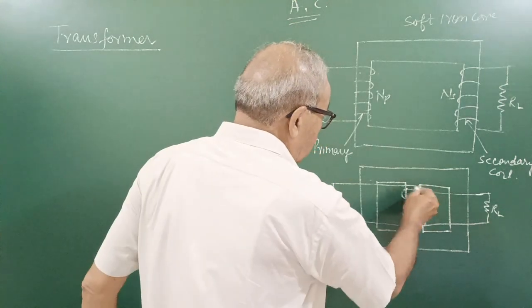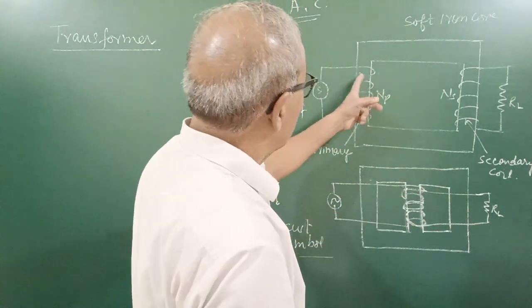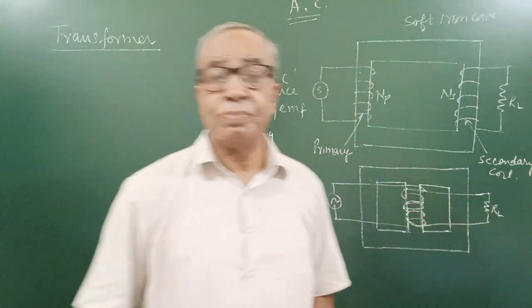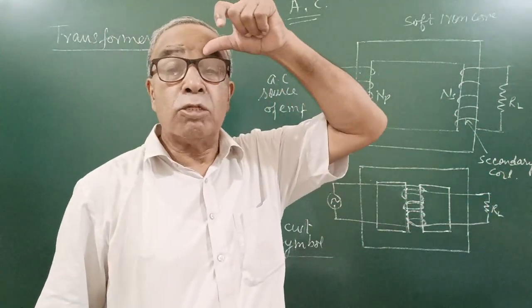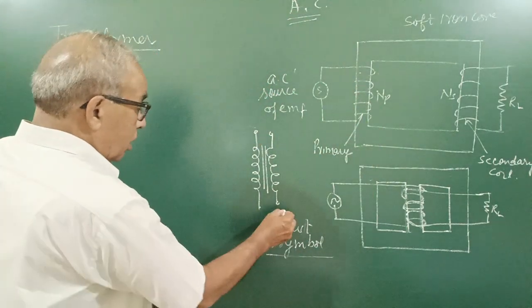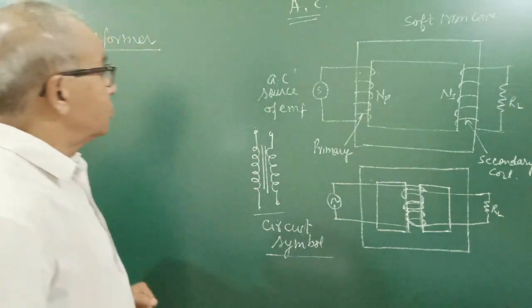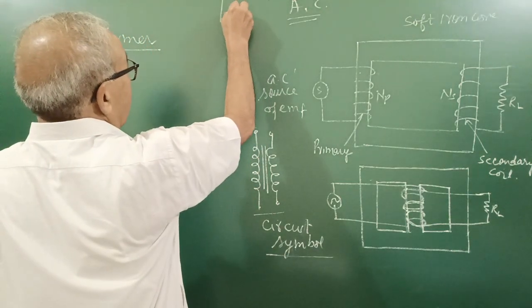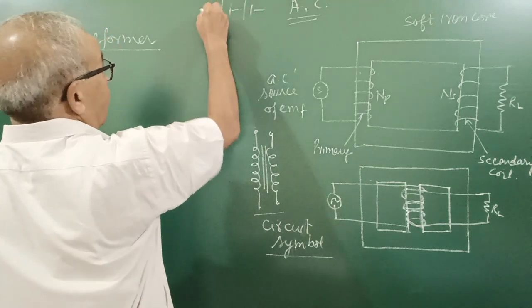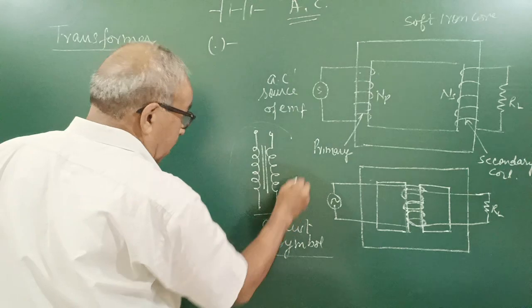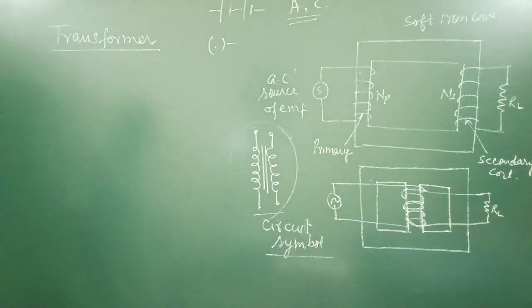Here you can understand the primary coil and the secondary coil. It consists of two coils, primary and secondary, and here is the circuit symbol. Just like you use a symbol for a battery and a key, the same way there is a circuit symbol for the transformer.